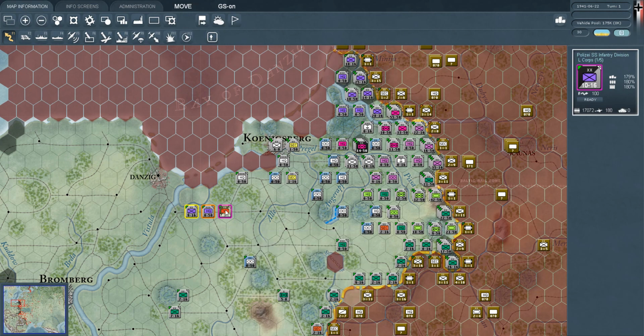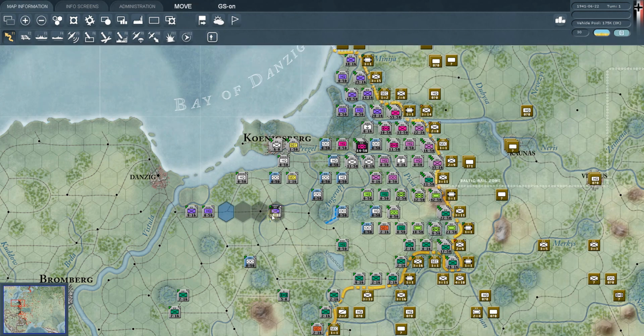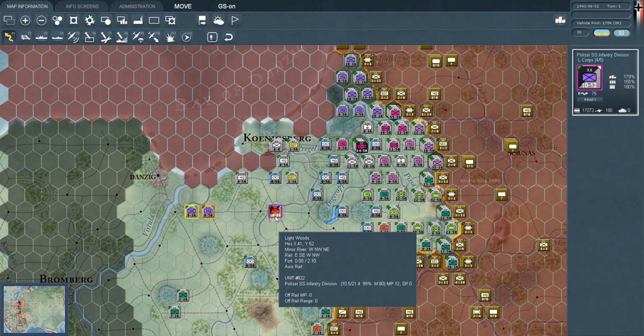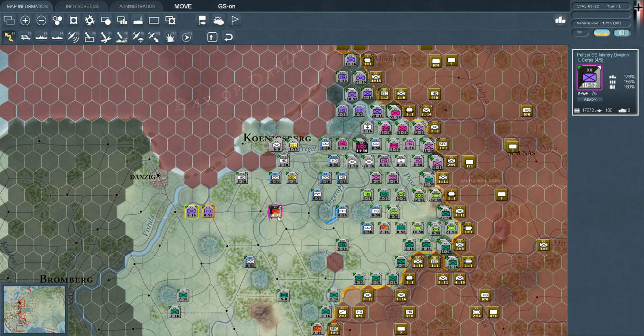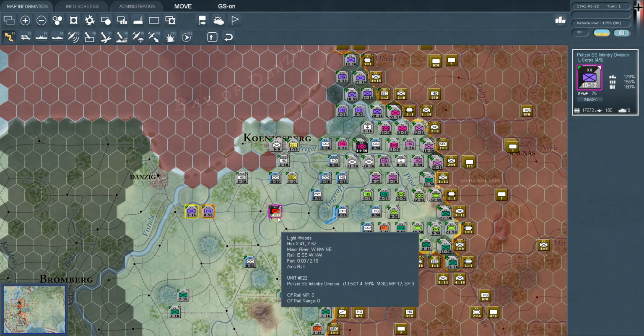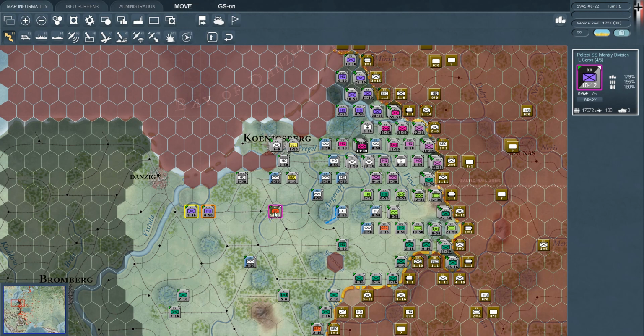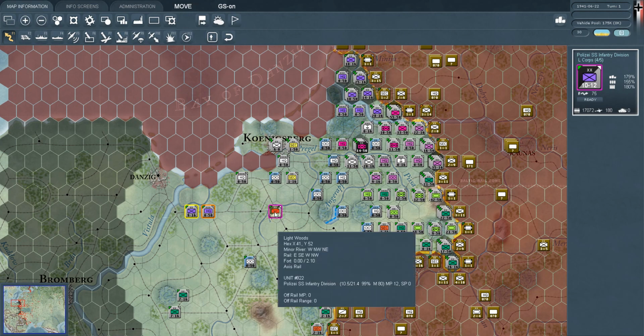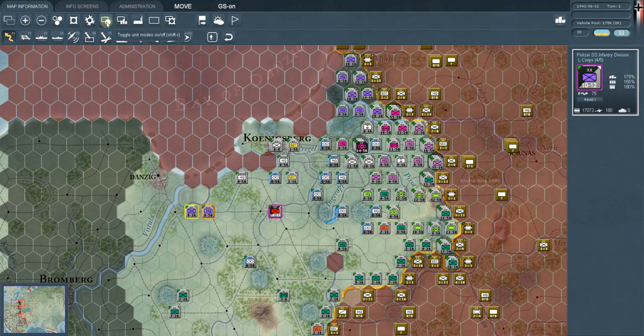So if a unit sits still for a whole turn, it's digging in. If it moves to here and it still has 12 movement points, it digs in, on a percentage basis less of how many movement points it used. So there is quote unquote entrenchment, right? And we see that in fort level.